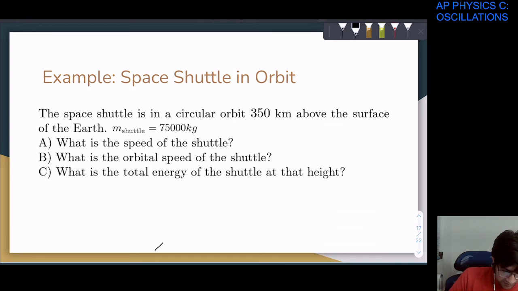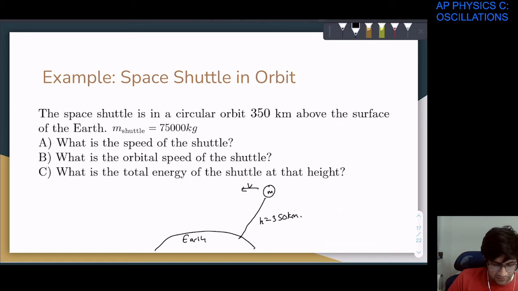If I were to draw a picture here of the Earth, we're given the mass here, and we're given the velocity here. Oop, no, we're not given that. We're trying to find that, but we're given this height over here, h, 350 km. All right, so try it for a second, and then we'll come back and try it together.